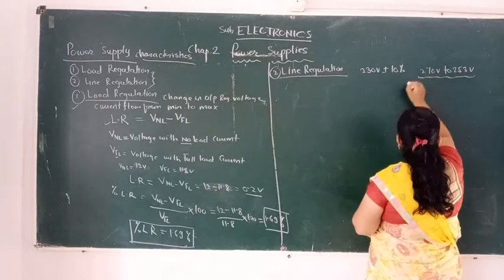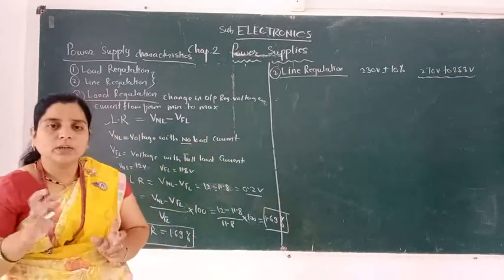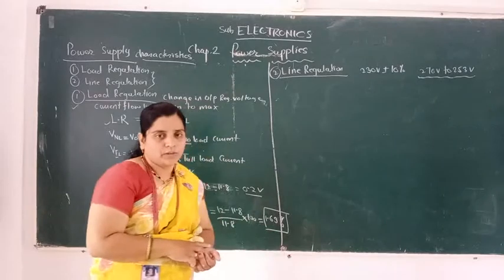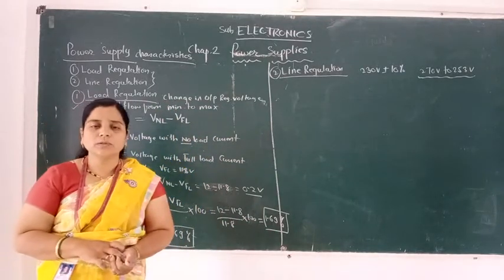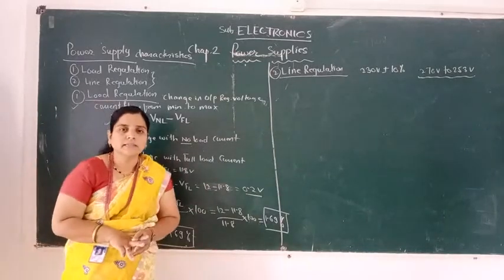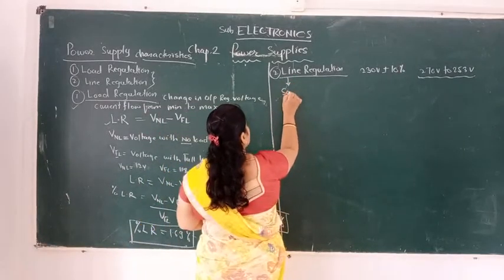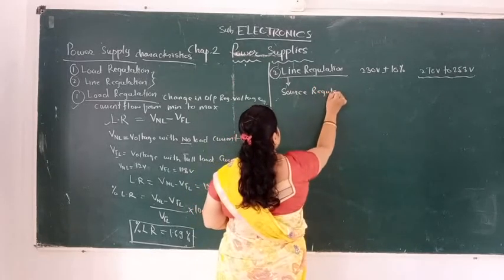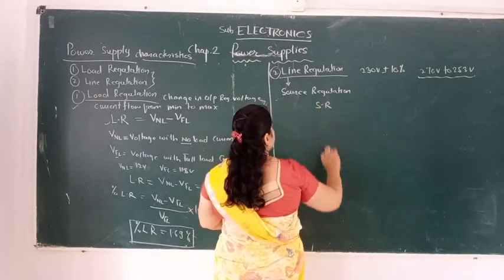So 230 volt plus minus 10% is the line regulation. Another name of line regulation is source regulation, that is SR.